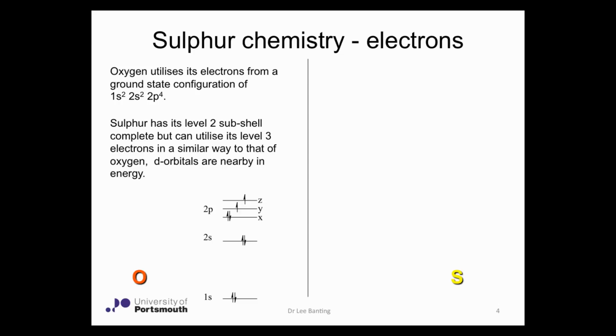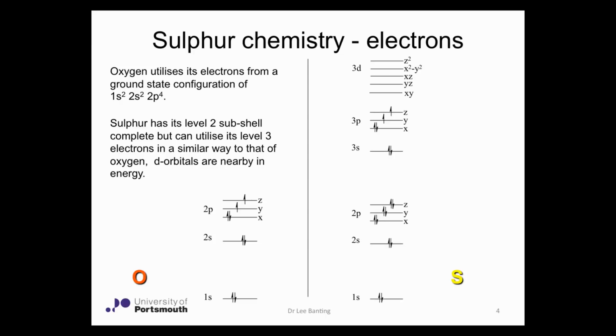Sulfur has its level 2 subshell complete, but can utilize its level 3 electrons in a similar way to oxygen, and some d orbitals are nearby in energy. So let's take a look at those. Here we have our oxygen core, and that's a complete inner core electron configuration, inner valency.